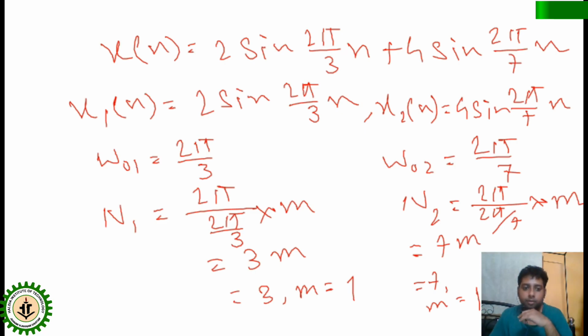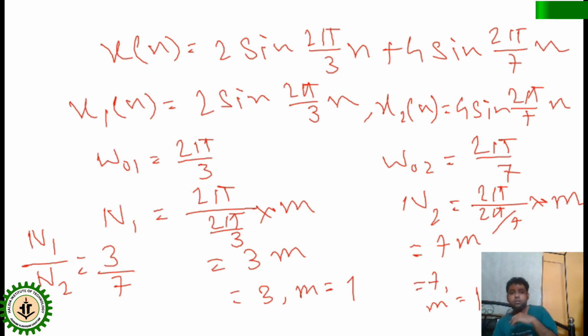That is, the fundamental period for the first case is n1 equal to 3, and for the second case n2 equal to 7. Now if we take the ratio of the signals' fundamental periods, n1 by n2, we get 3 by 7. So this is a rational number.